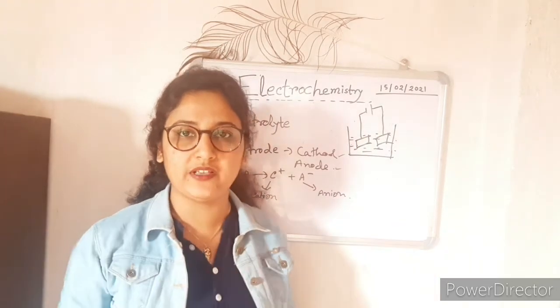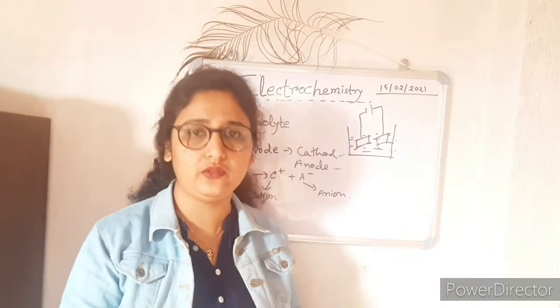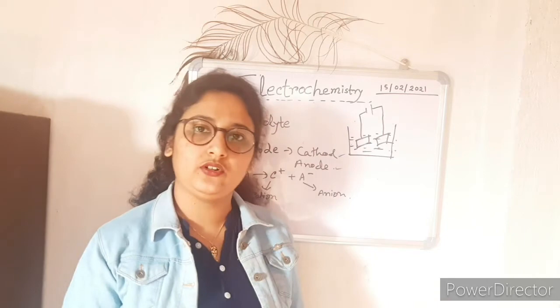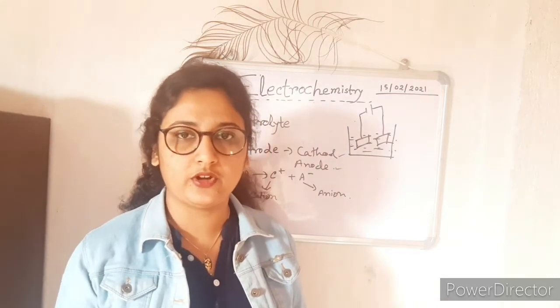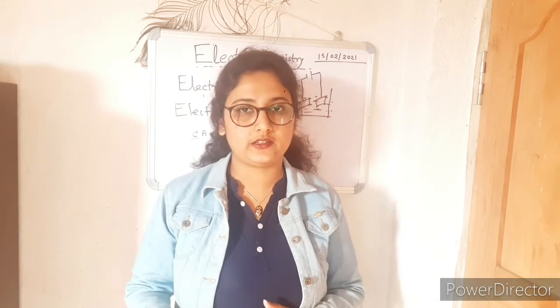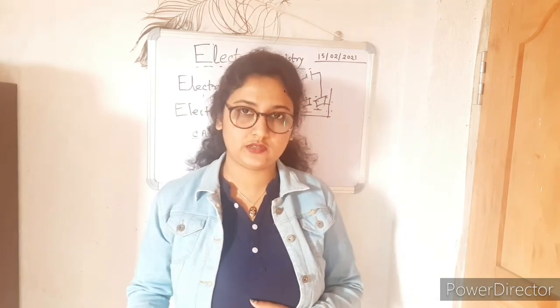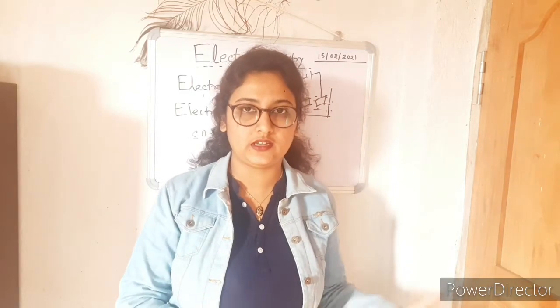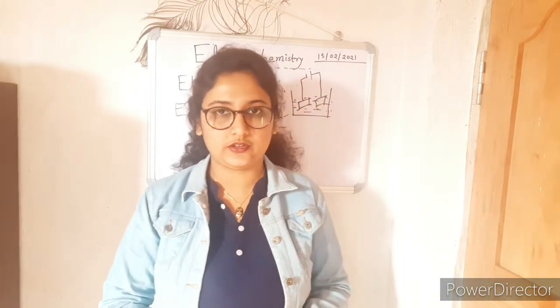So I am not saying that cathode is always the positive electrode and anode the negative electrode, or vice versa. The electrode which has higher potential than the other is known as the positive electrode, and the electrode which has lower potential than the other is known as the negative electrode.